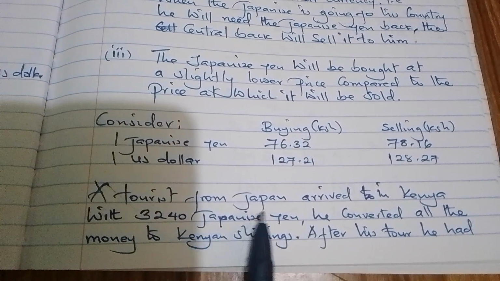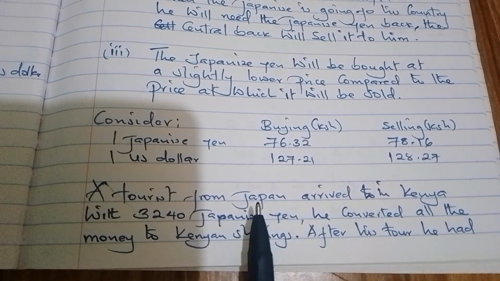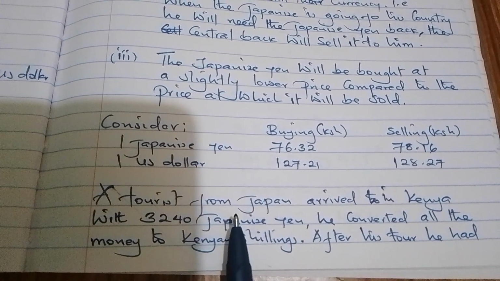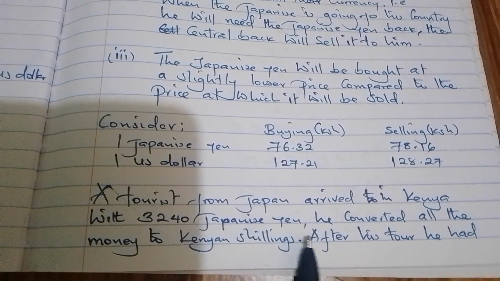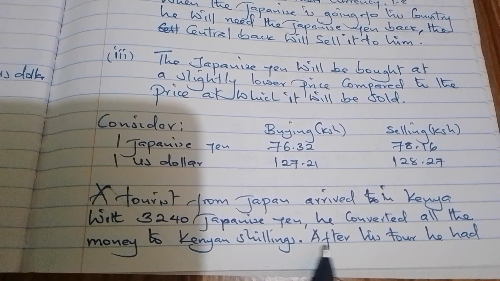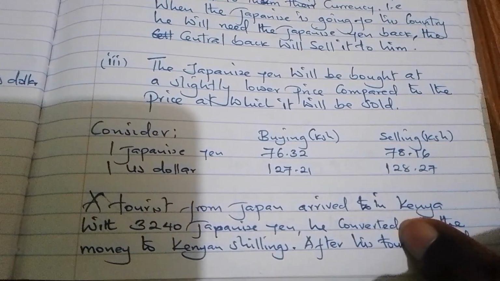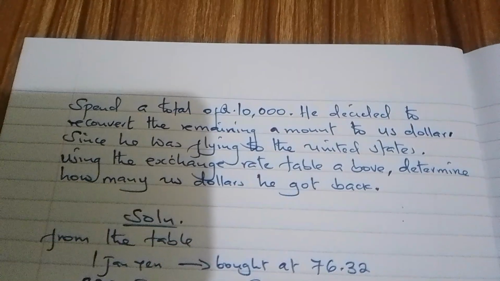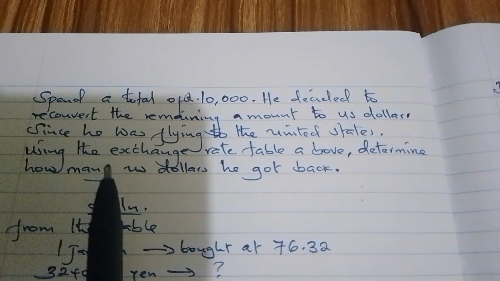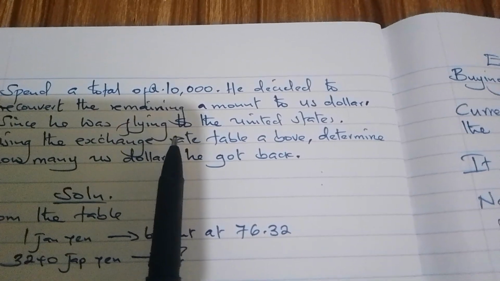A tourist from Japan arrived in Kenya with 3,240 Japanese yen. He converted all the money to Kenyan shillings. After his tour, he had spent a total of 10,000 Kenyan shillings.